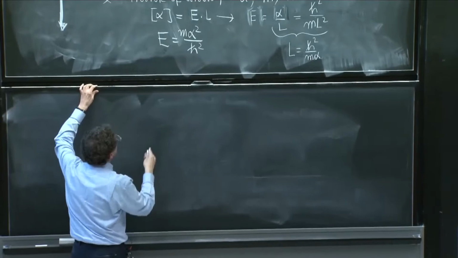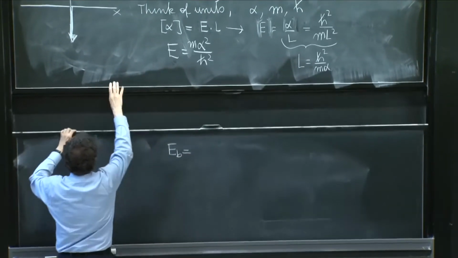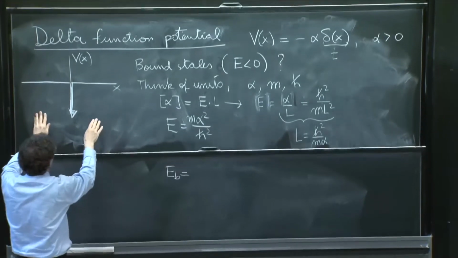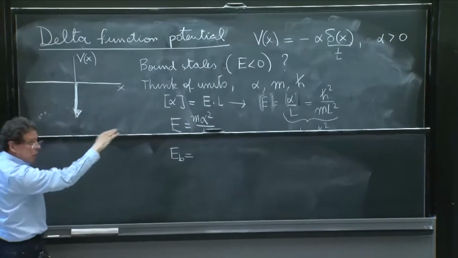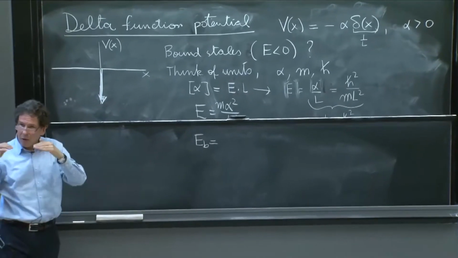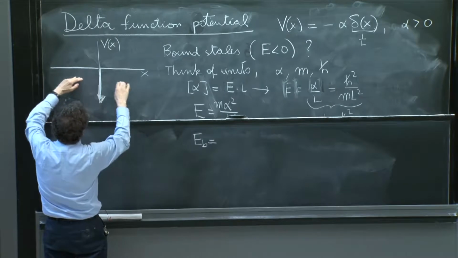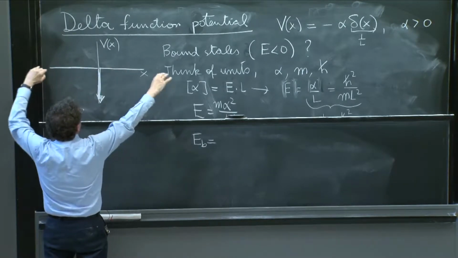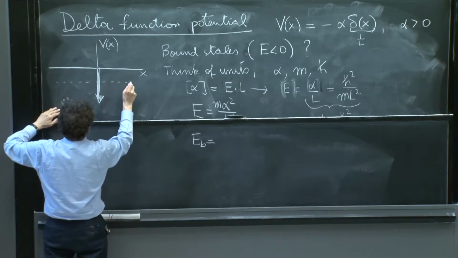If this has units of energy, the bound state energy, now if you have a bound state here, it has to decay in order to be normalizable. So it has to be in the forbidden region throughout x. So the energy, as we said, is negative.